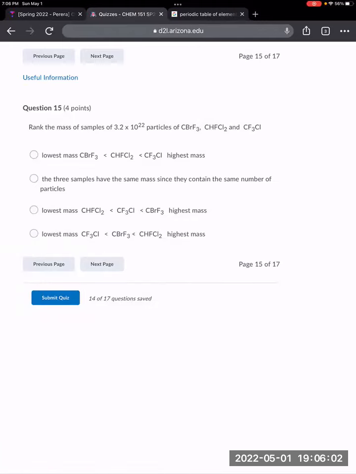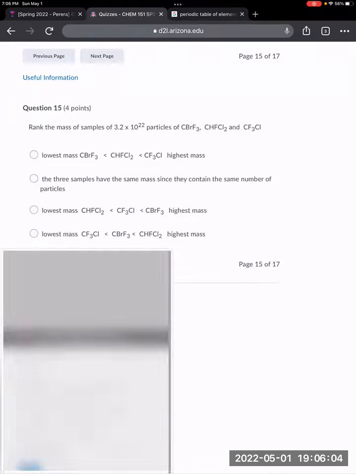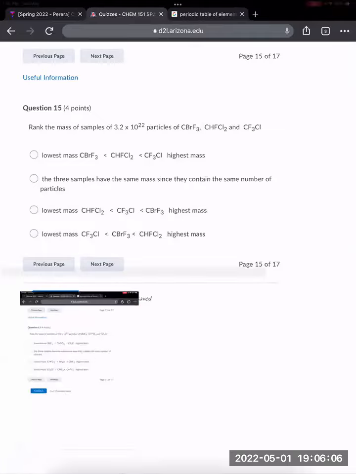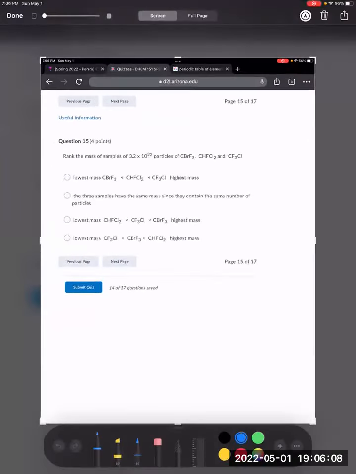Okay, question 15. Write the mass of samples of these substances. Now here's the thing. It doesn't matter whether we had 1 particle or 3.2 times 10 to the power of 22 particles.